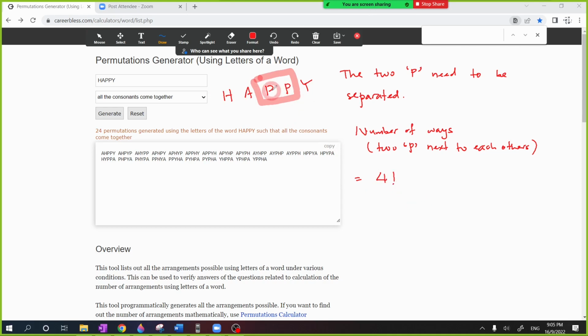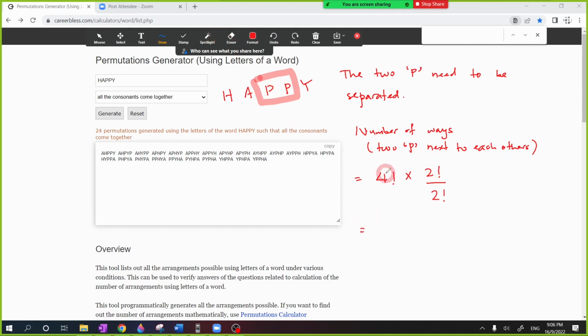Okay? These 2 Ps are actually the same, so you don't have to times 2 factorial. If you times 2 factorial, because they are the same, you have to divide by 2 factorial again, which is actually equal to 1, right? So since they are the same, you don't have to times 2 factorial. If these were, let's say, different letters, then you have to times 2 factorial.